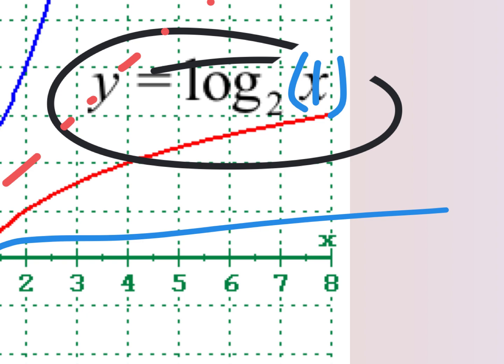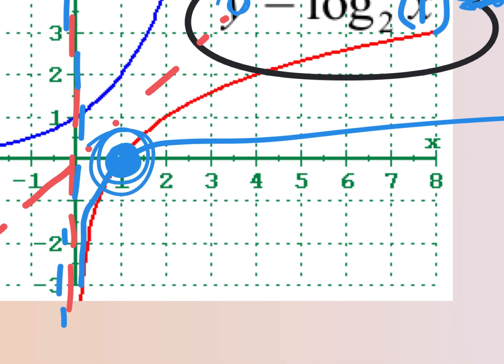Unless you move the whole thing over. If you move the whole thing over, it won't equal 0 anymore. But 1 is there, and I could say equals 0 over here. 1, 0 is a thing on the log graph where it'll always go through this spot unless you have moved it over, like this.